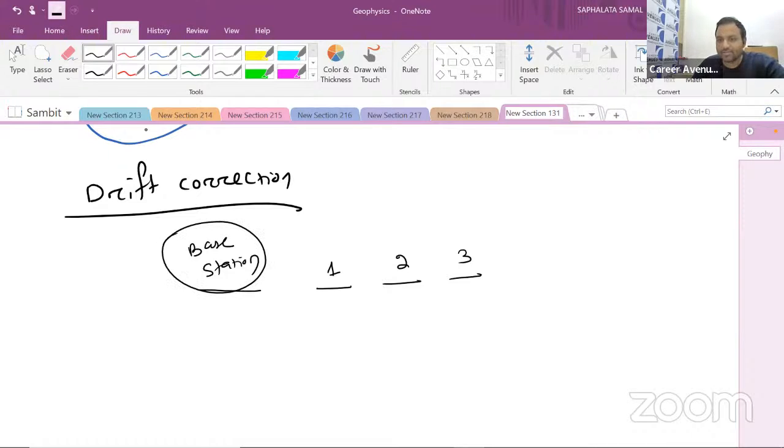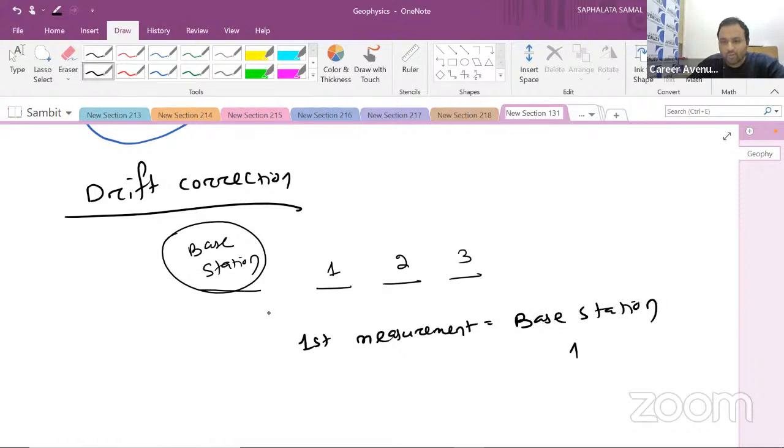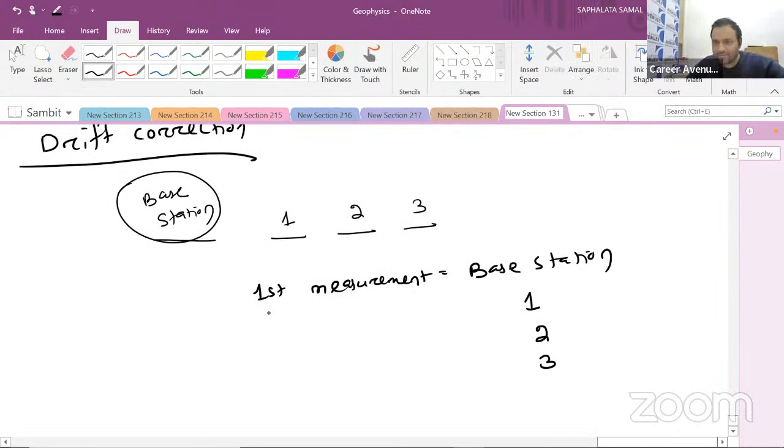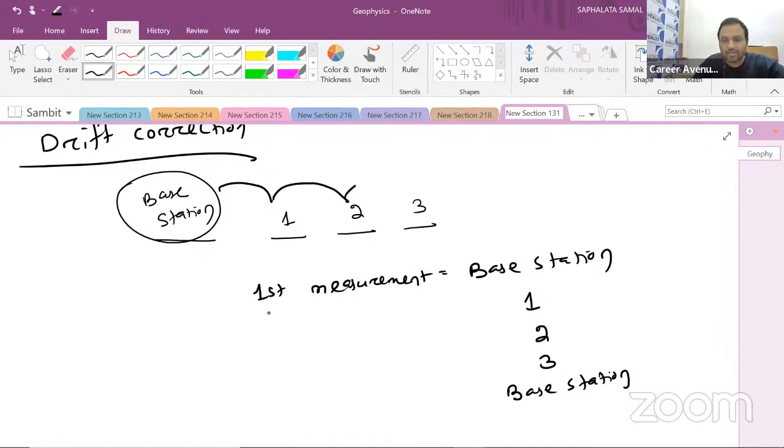So the first measurement at the base station, then I go to location 1, 2, 3 to measure the gravity value, and again come back to the base station.